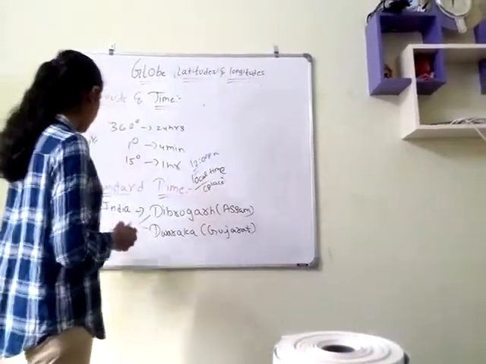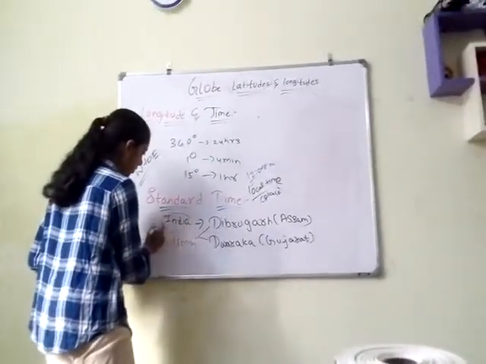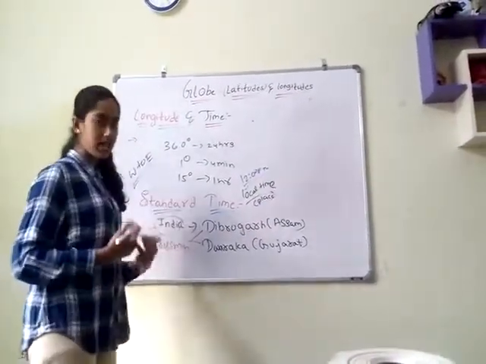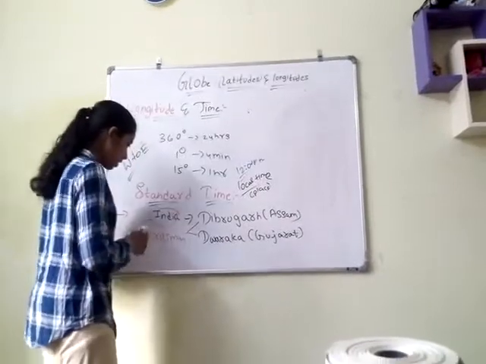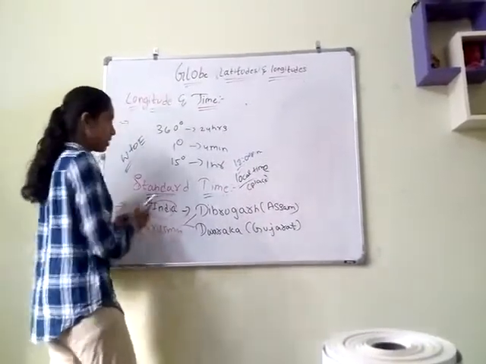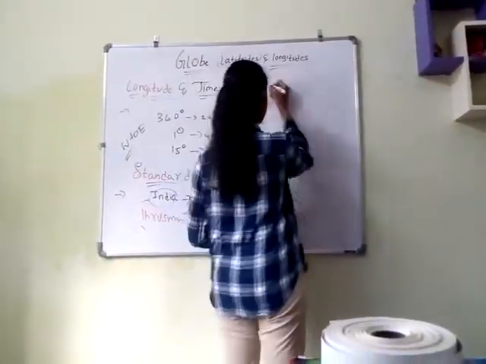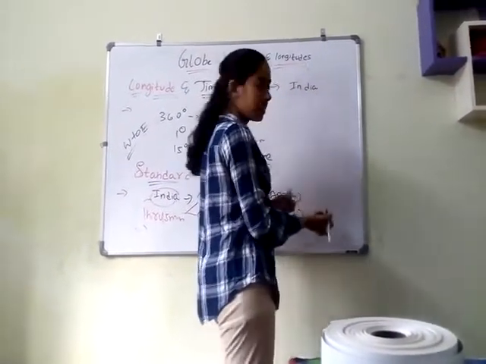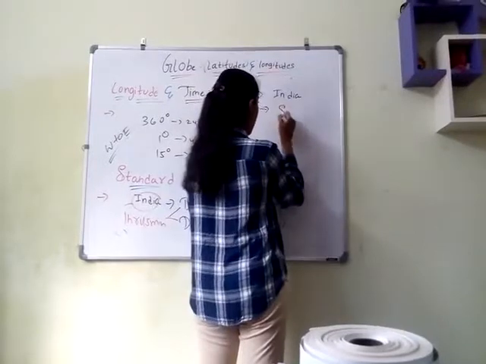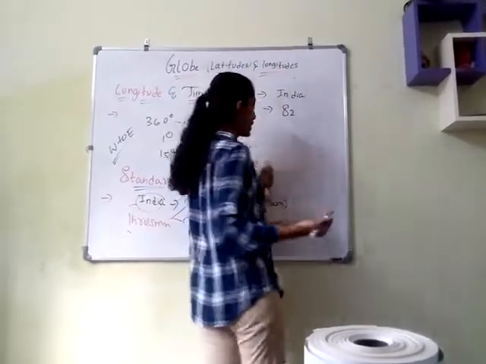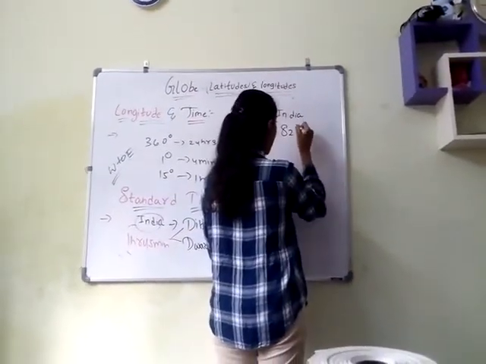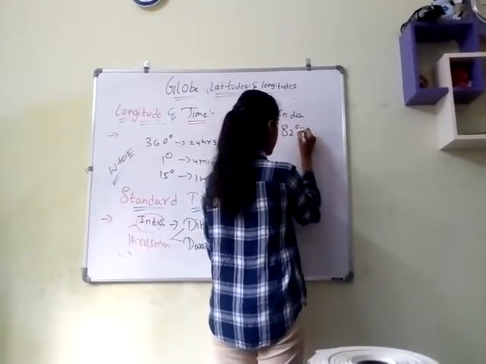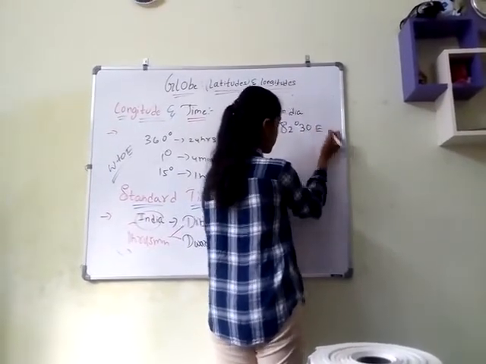So in India, our standard meridian for taking the time is 82 degrees 30 east.